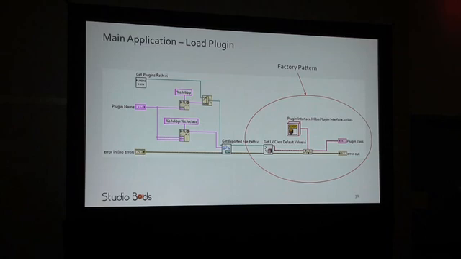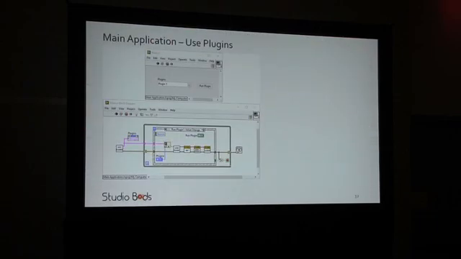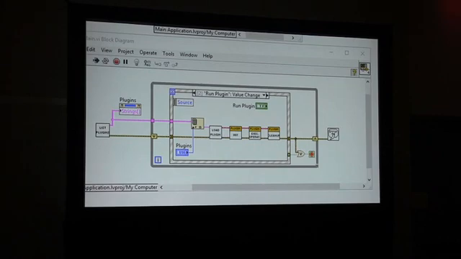Then you have your plugin interface class object on which you can call any dynamic dispatch method for your particular plugin. So this is really the magic of the plugin architecture. From your main application, we can see that we load the plugin, and then we can run our dynamic dispatch method on the plugin, regardless of which plugin is loaded.